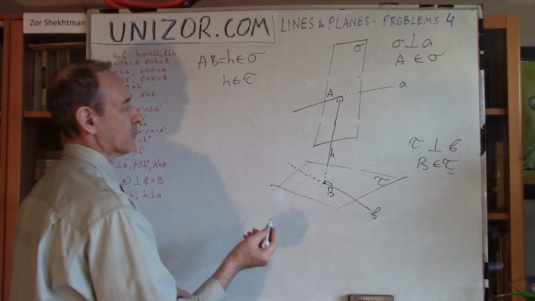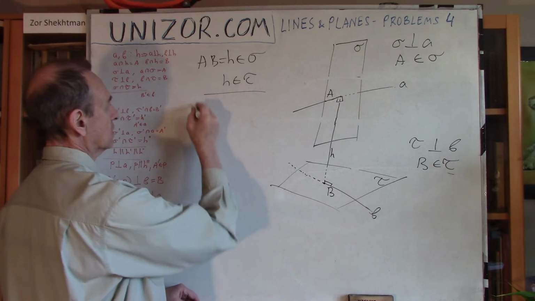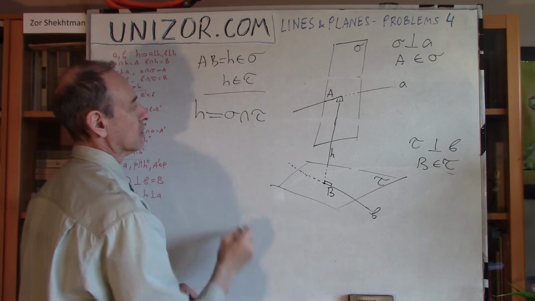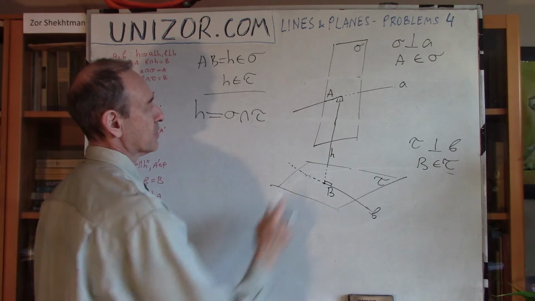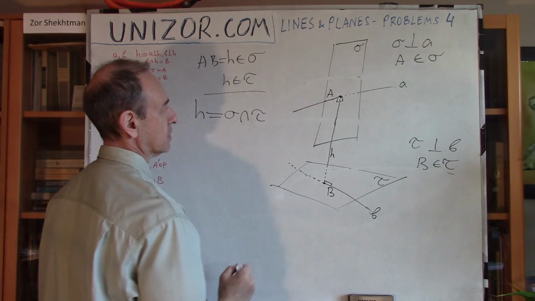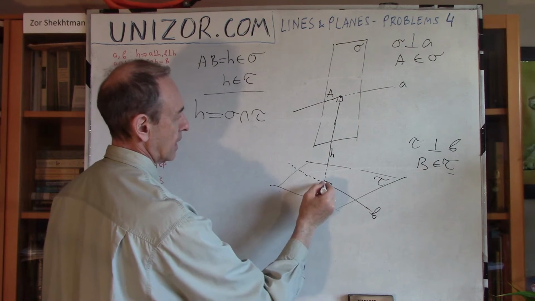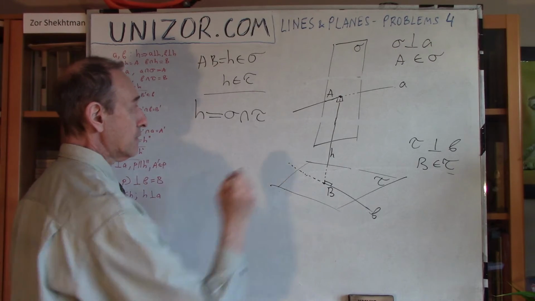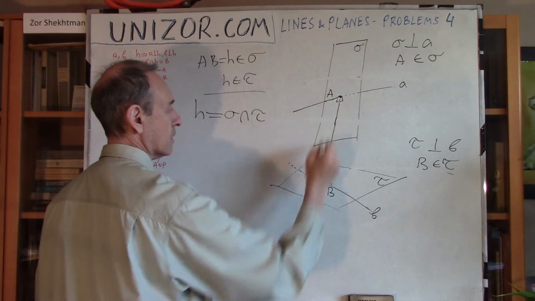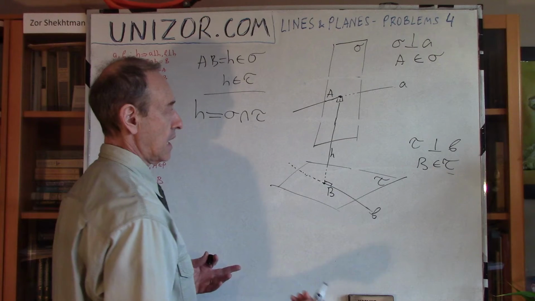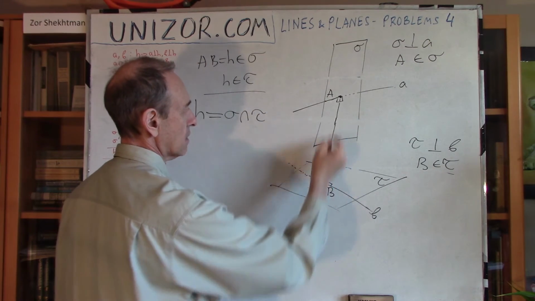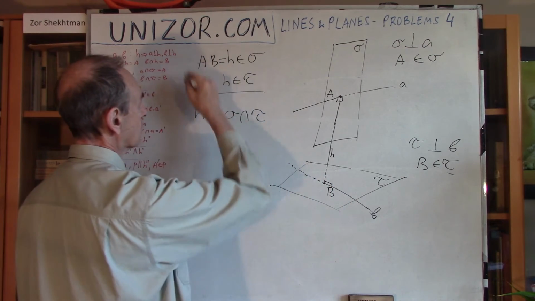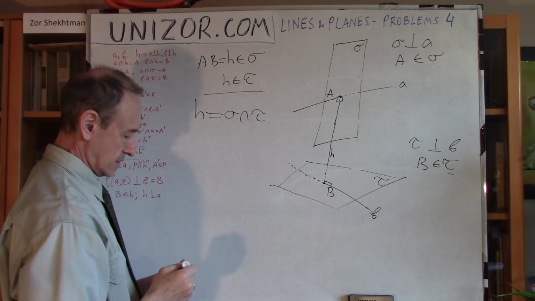So what can we say from these two things? That H is an intersection between this plane, which is perpendicular to A at point A, and this plane, tau, which is perpendicular to line B at point B. So if I know these two points, A and B, then I can say that the common perpendicular to both lines lies on the crossing of these two planes.